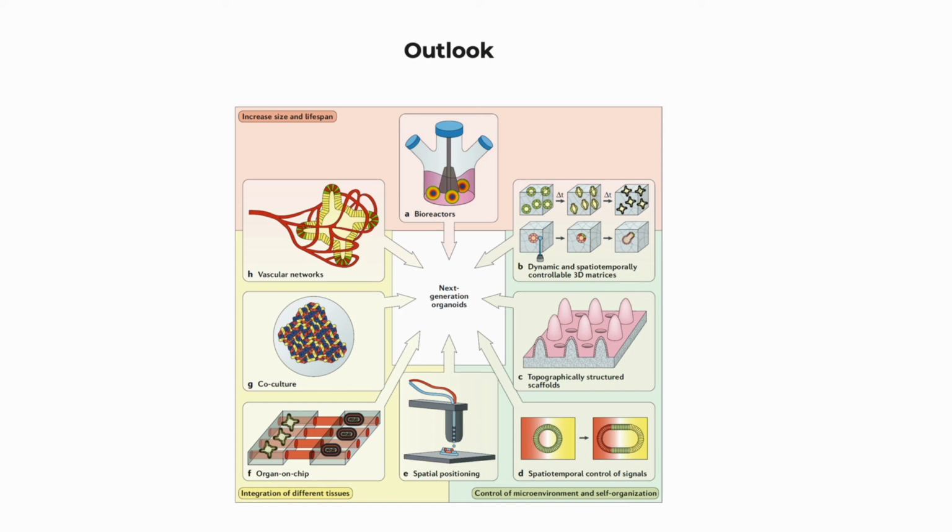And if we could have topographically structured scaffolds to plate the cells on, that would also give us a better understanding of how certain things work in the human body by using organoids. And yeah, that's it so far.